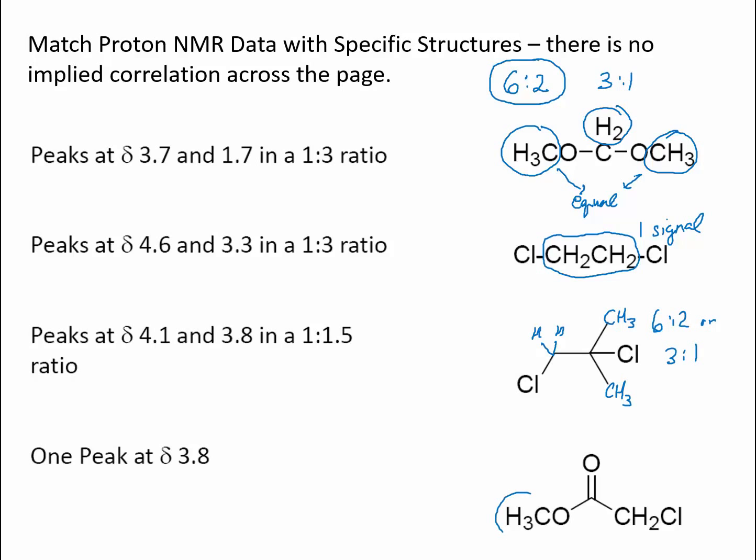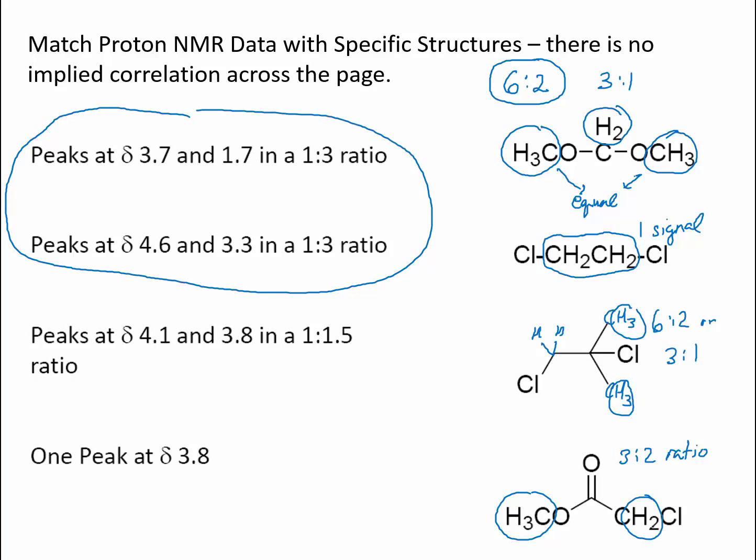And this last one, remember these two here are equal by symmetry. In this last one, we're expecting a 3-to-2 ratio. So we have 2 of them in a 3-to-1 ratio, and the other 2 have different ratios.